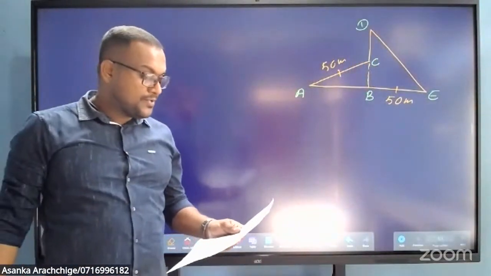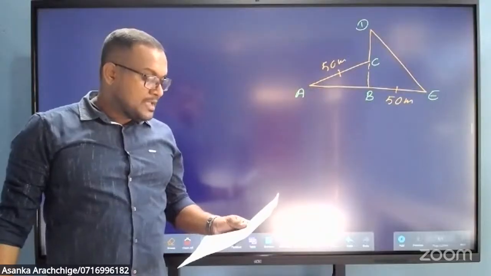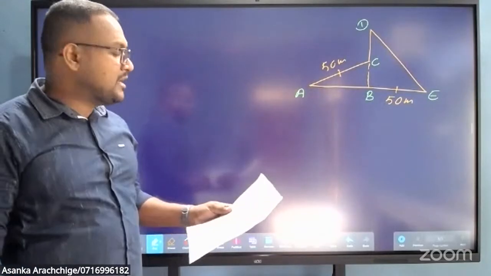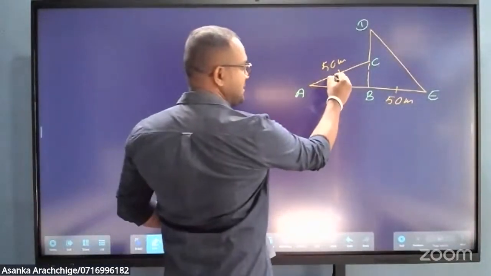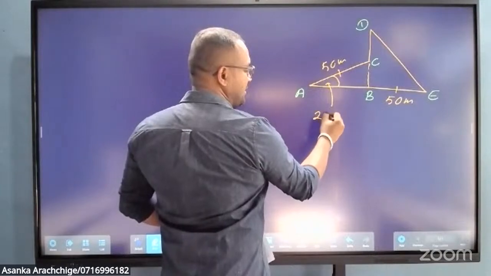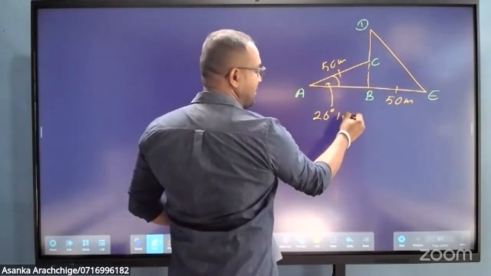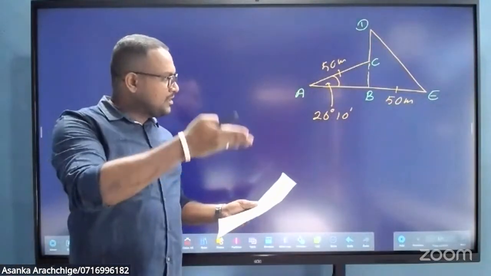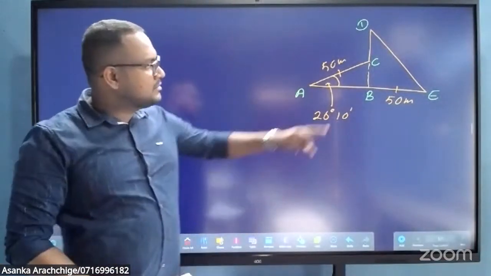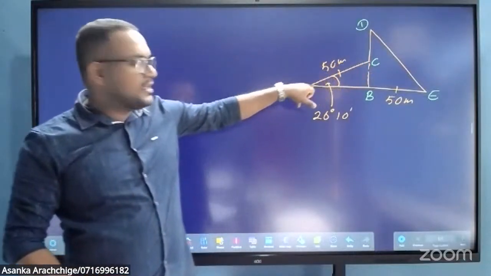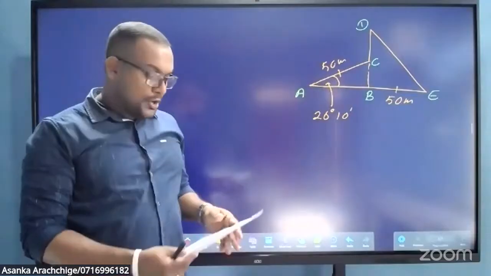නේද? 50 meters. Angle CAD is 26 degrees and 10 minutes. Angle CAD, මෙන්න මෙයා, 26 degrees and 10 minutes. The incline of this line, මෙන්න මේකේ ආනතිය අරගෙන දීලා තියෙනවා නේ, to the horizontal.